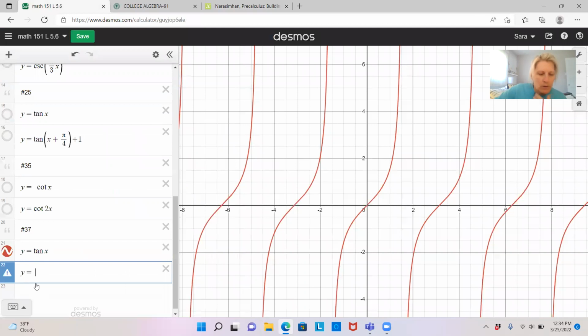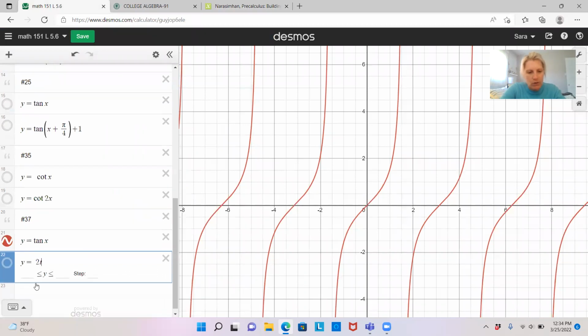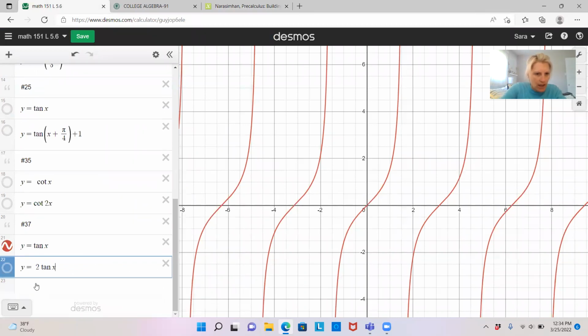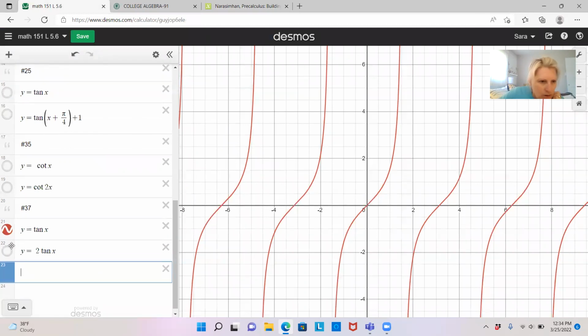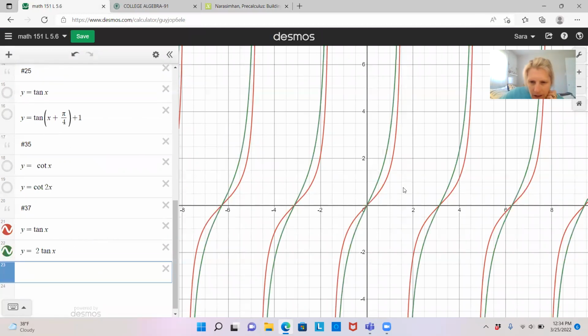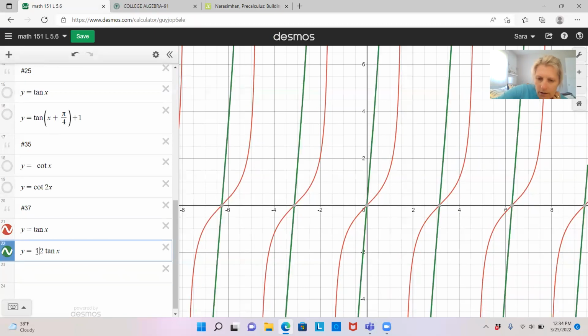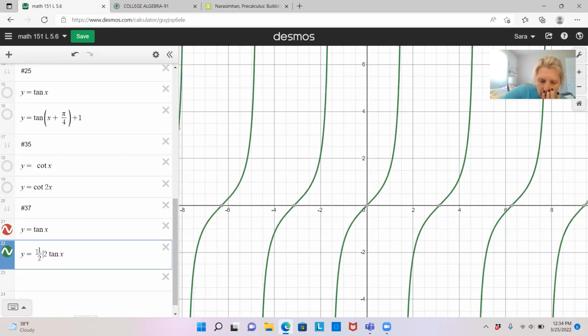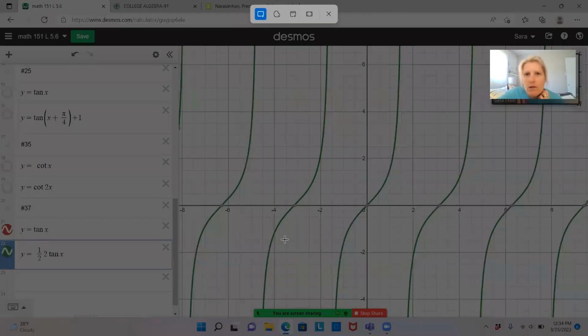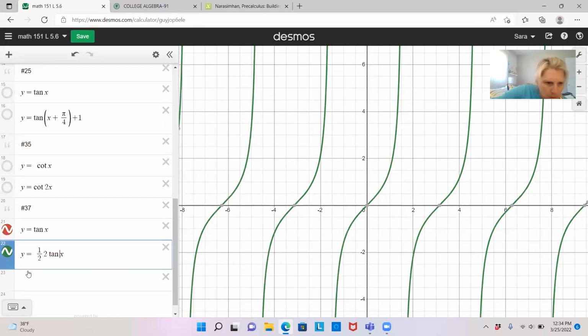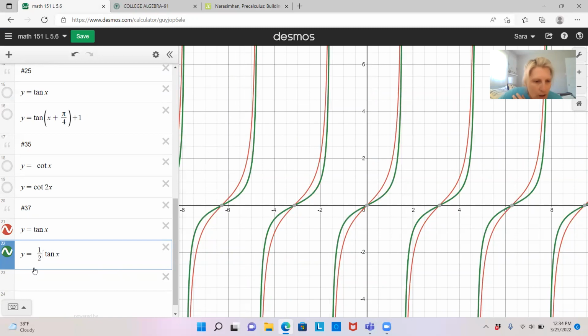So let's just do y equals a vertical stretch 2 tan x and see what that looks like. Let's turn it on. So that's the green. That's definitely making it more vertical. So it's not that. Let's do 1 divided by 2. Oh, no, I didn't mean to do that. Okay, so a compression. Oh, that looks like that might be it. It's still 0, 0.